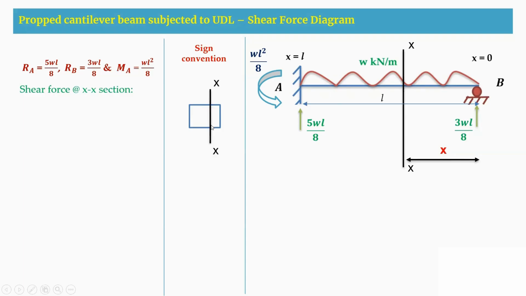When you cut a section of this element, towards your left hand side if the arrow is upward, and towards your right hand side if the arrow is downward, that means towards the section if you are having a clockwise shear from either the left hand side or the right hand side, then the sign convention will be a positive one.